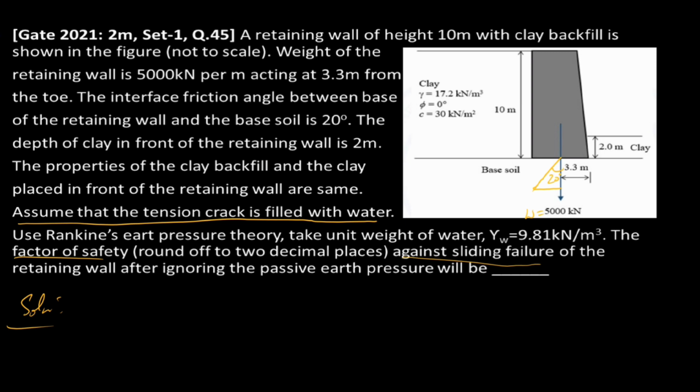So if you draw the pressure distribution diagram of this retaining wall, it will be something like this. Okay. So this is the zone where the tension crack occurs.